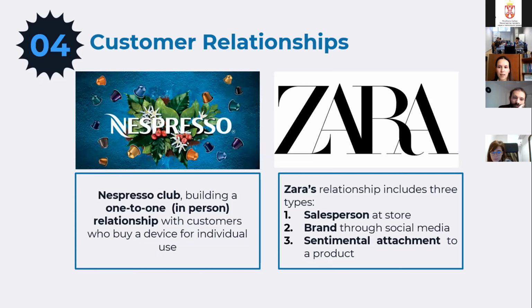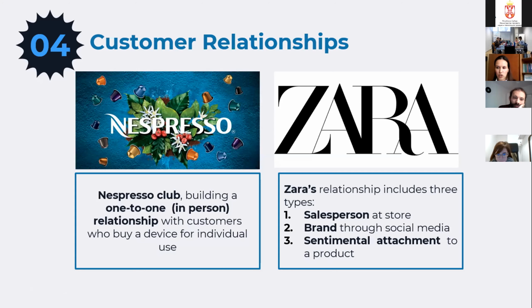So let's see on the example how Nespresso and Zara create their customer relationships. In the case of Nespresso, Nespresso establishes relationships with its customers through Nespresso Club and by building a one-to-one in-person relationship with customers who buy a device for individual use.